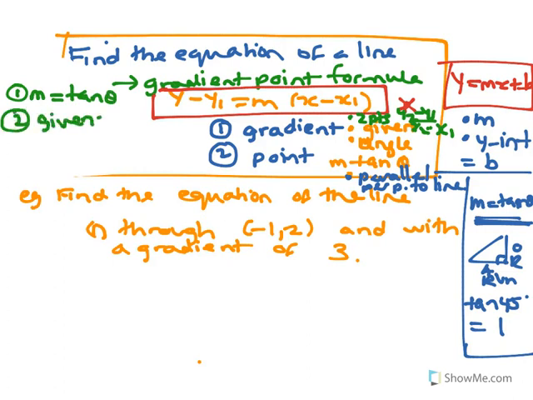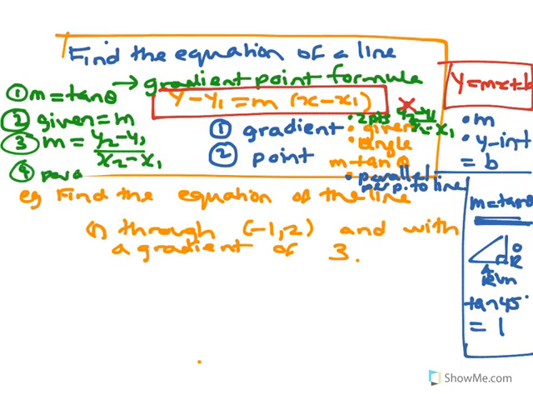You'd just be straight out given m. You'd be given 2 points, and then you use y2 minus y1 on x2 minus x1. Or you could be given parallel to another line, and parallel lines have the same gradient, m1 equals m2. Or perpendicular to another line, and m1 equals minus 1 on m2. They're negative reciprocals, so you flip and change the sign.